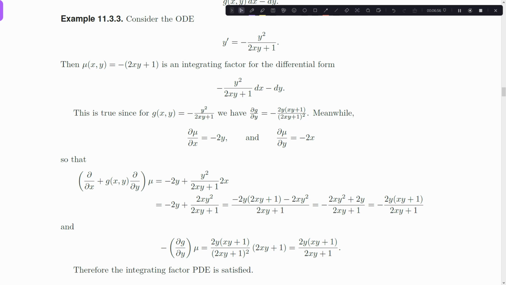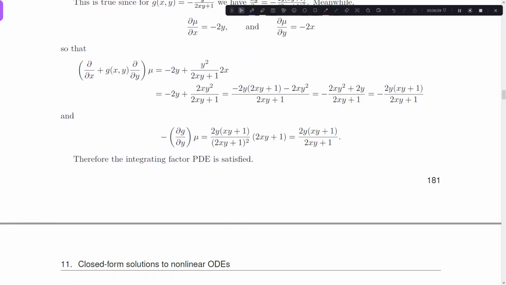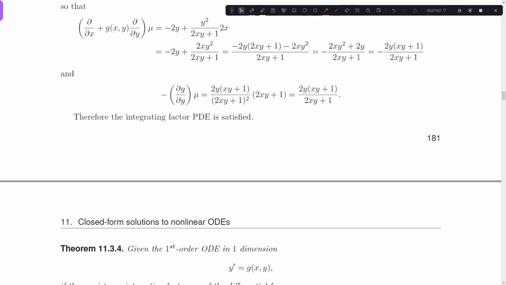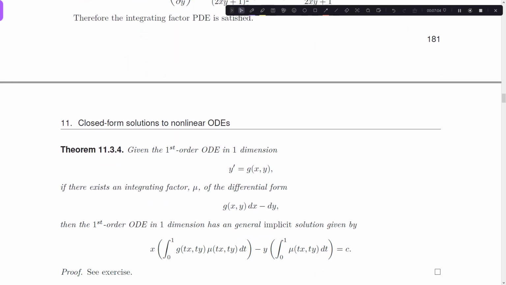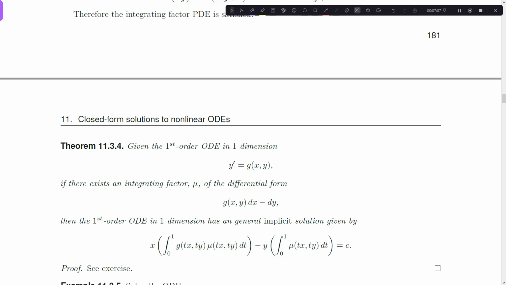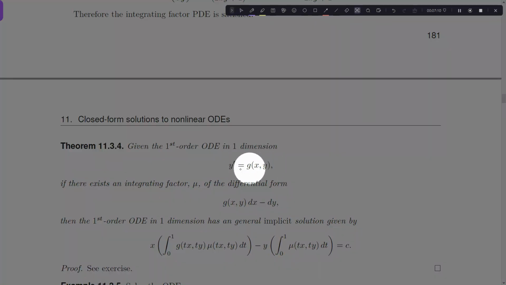Now, what does it actually mean to have an integrating factor? It means that the total differential form can actually be solved, or the ODE can be solved. So the main theorem of the integrating factor section says, given a nonlinear ODE, in one dimension, y prime equals g of x, y, and its associated differential form, if I have an integrating factor, then I gain an implicit solution by computing, this comes from our previous section's theorem, right?